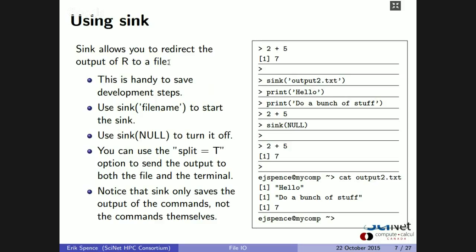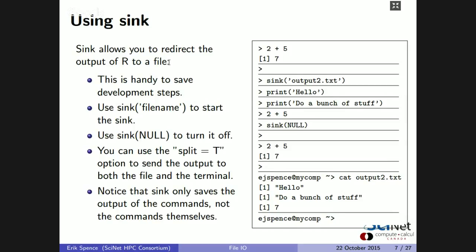Okay. Now remember, and this is unfortunate, I think, that sink does not give you the command that was written, right? It only gives you the output. So if you wanted to know what this stuff actually was, you'd have to say, here is the value of, and then output it using cat or paste or whatever your favorite command is, right?